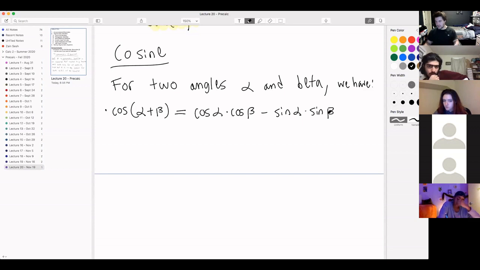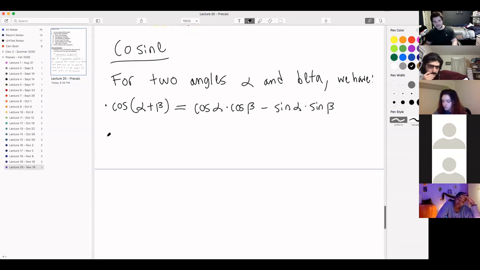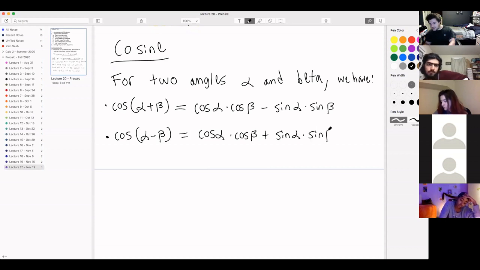Okay. We also have one for the difference. Cosine of alpha minus beta. We have a similar identity. That is cosine alpha times cosine beta plus sine alpha times sine beta.